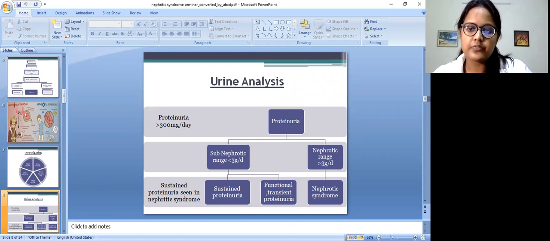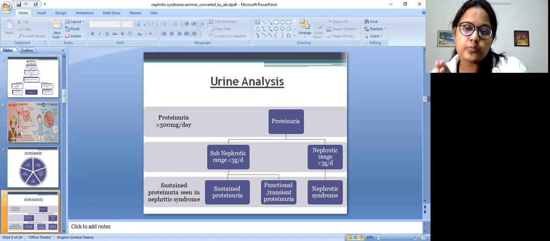With spot urine analysis you can only document that there is proteinuria, but you need to quantify the per day amount of protein excreted in the urine so that you can calculate a range. If it is more than 3 grams per day, it is nephrotic range proteinuria. Definitely your patient will have nephrotic syndrome, and you will have to check the cause by renal biopsy or by giving steroid treatment.